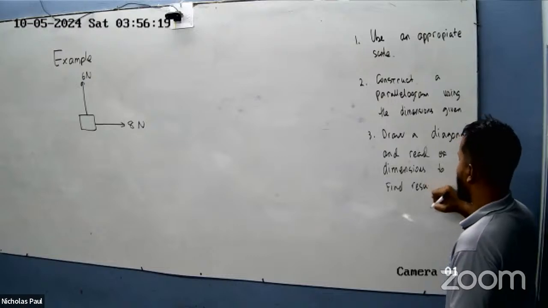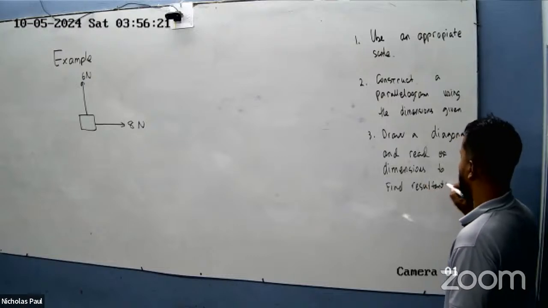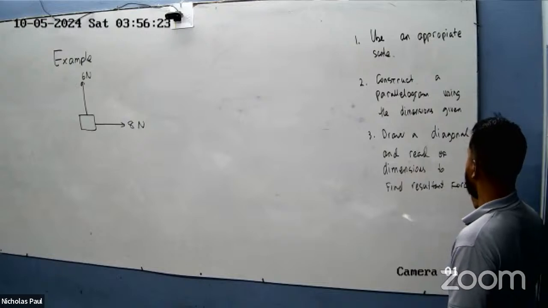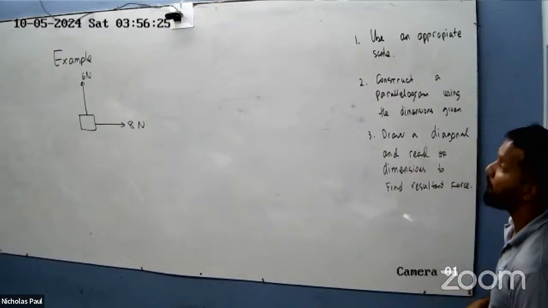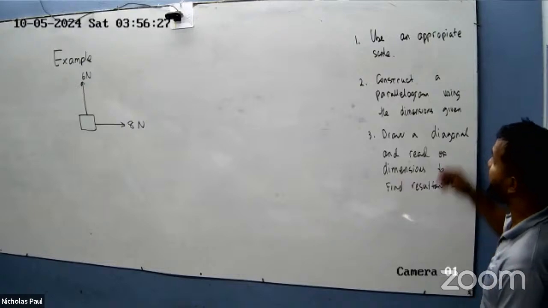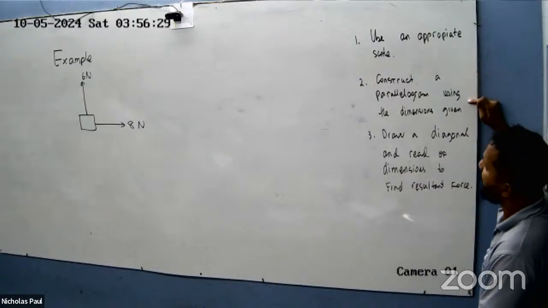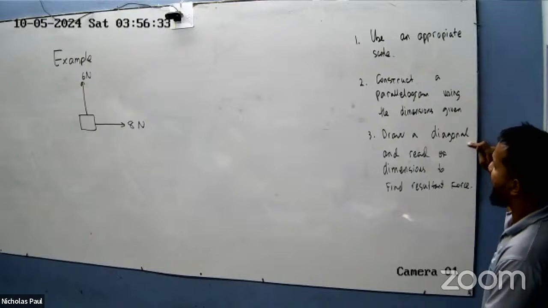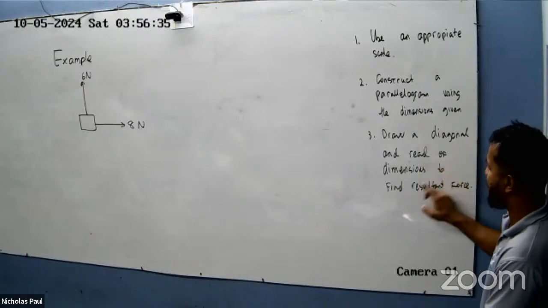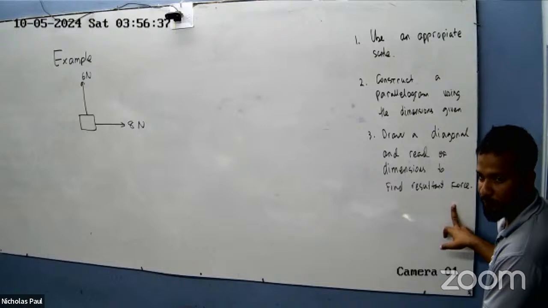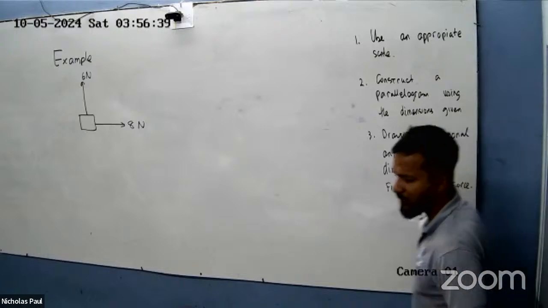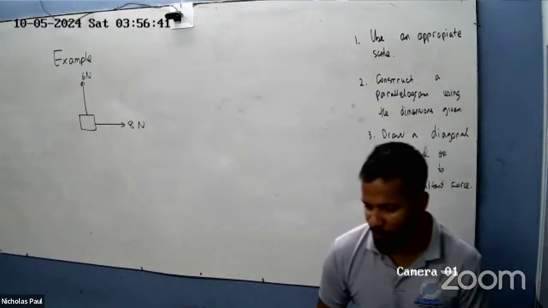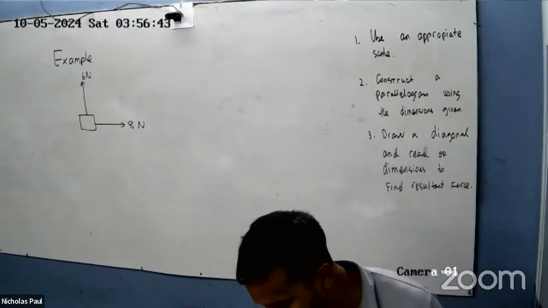It's here for you, and I'm going to show you how to do everything using that example there. So we're going to use our appropriate scale, construct a parallelogram using the dimensions given, draw a diagonal, and read off the dimensions to find the resultant force. Real simple, but again, it's a scale diagram, so you're going to have to be exact with your values.